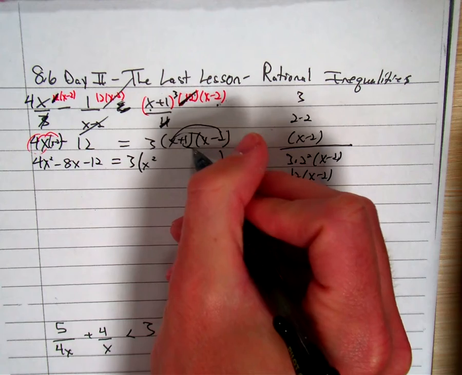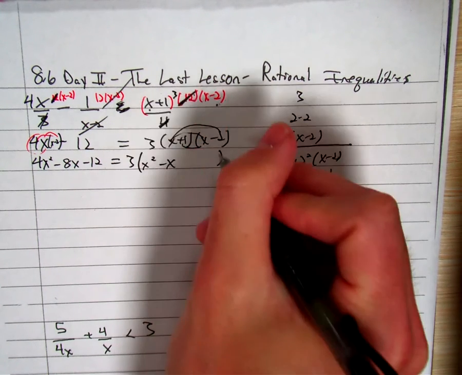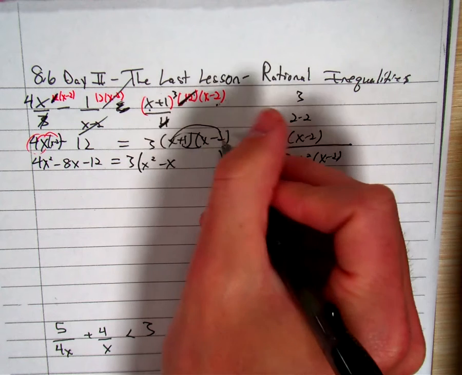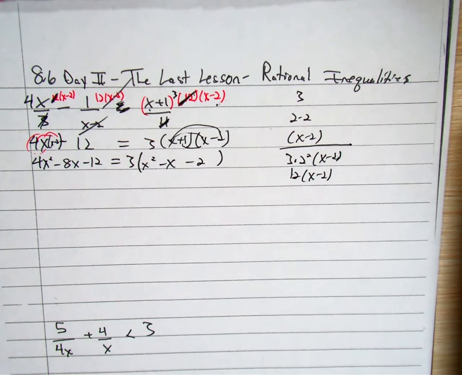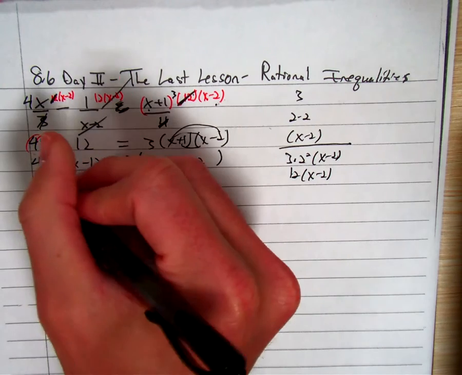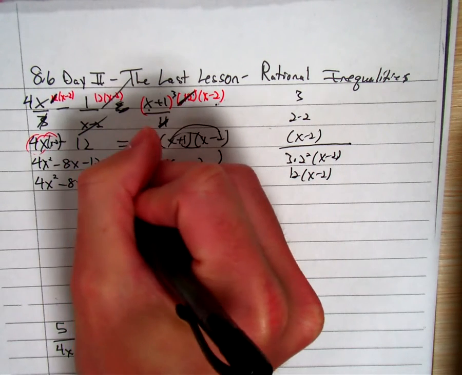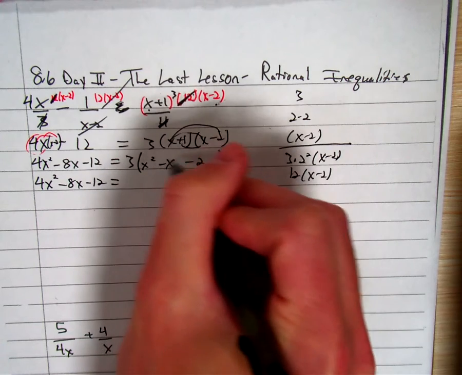Minus 2x plus 1x is going to be a minus 1x. And then a 1 times negative 2 for a minus 2. So we have this side. Okay, let's distribute that 3.